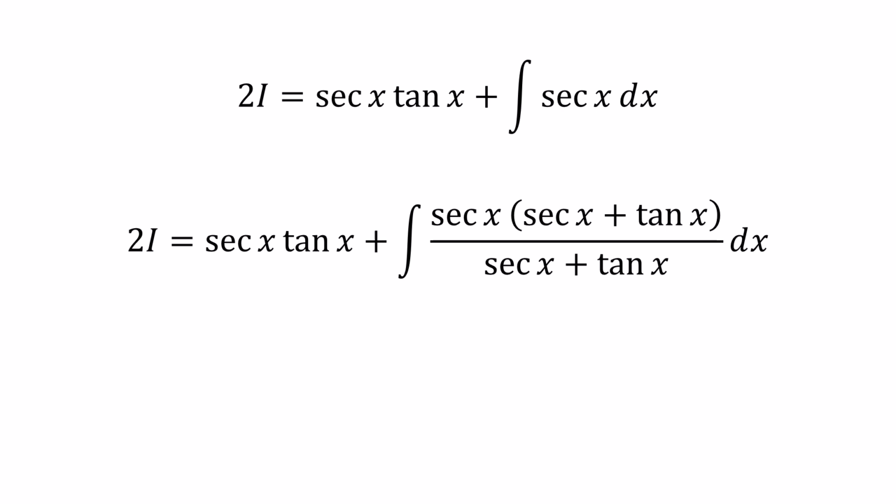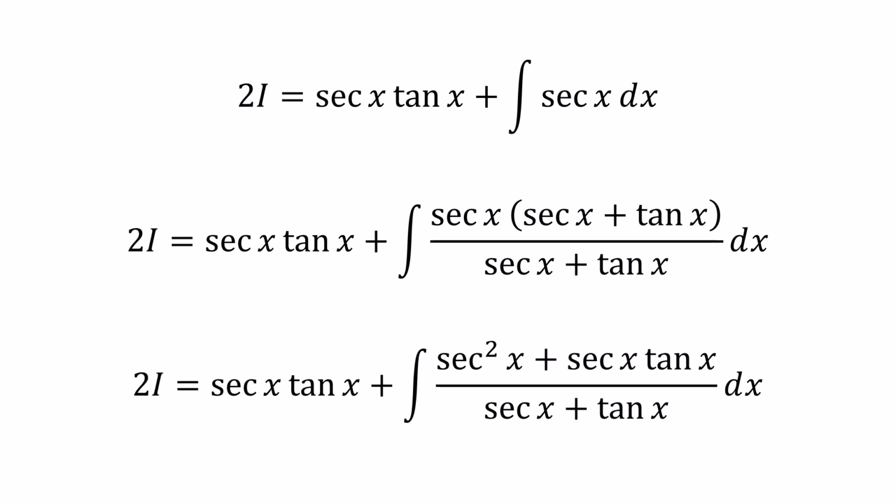Distributing the secant then gives 2I equals secant of x tangent of x plus the integral of secant squared of x plus secant of x tangent of x all over secant of x plus tangent of x dx.